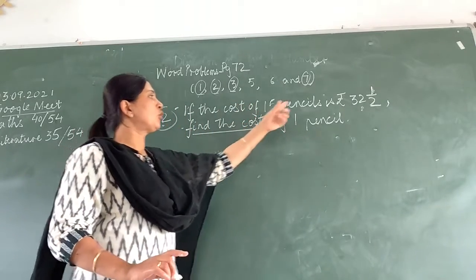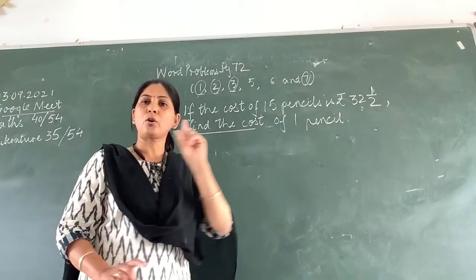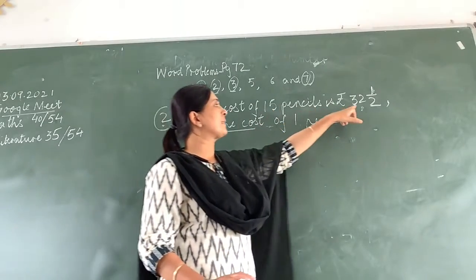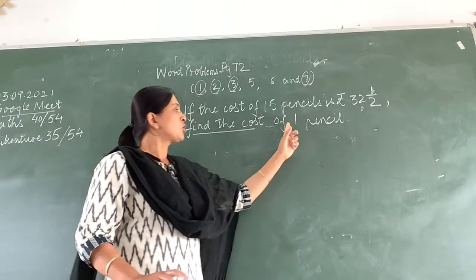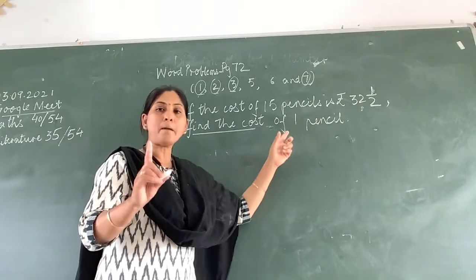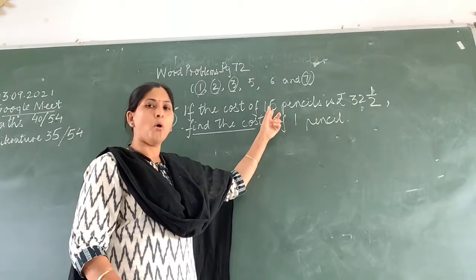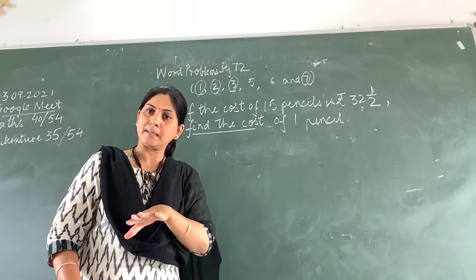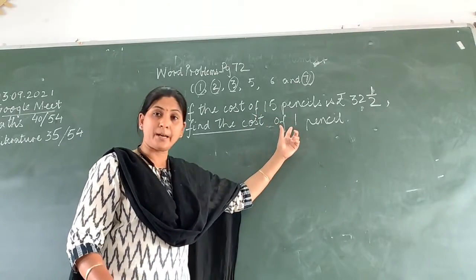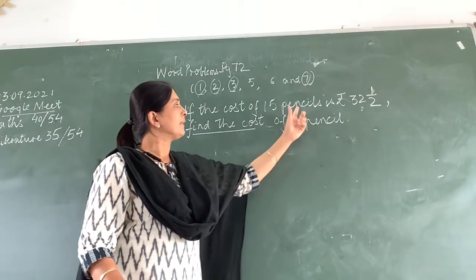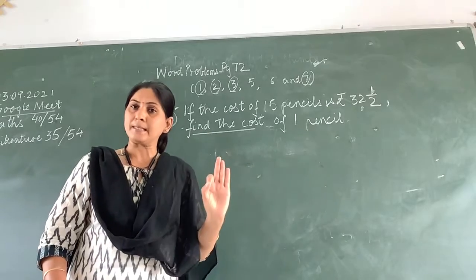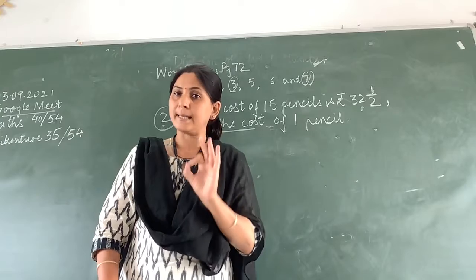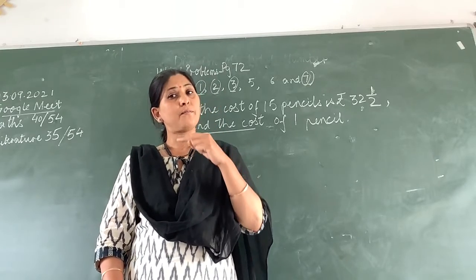See, if you know the cost of 15 pencils, can you find the cost of one pencil? Yes, it is very easy. The cost of 15 pencils is 32 and a half rupees. So think now, will the cost of one pencil be more than or less than the cost of 15 pencils? One pencil will definitely cost less. So you will divide.